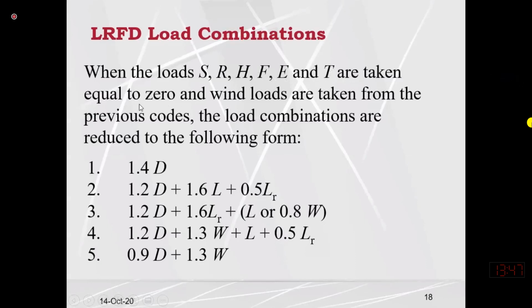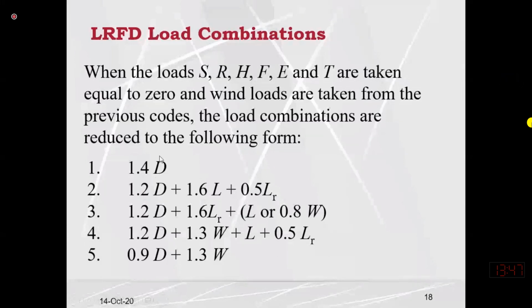These are taken equal to 0, and wind load is taken from the previous code. Mostly in our plain area, we design the structure only for the gravity load, because earthquakes are not frequent and we seldom have windstorms or thunderstorms. So these are the different combinations that we can consider to design a structure.